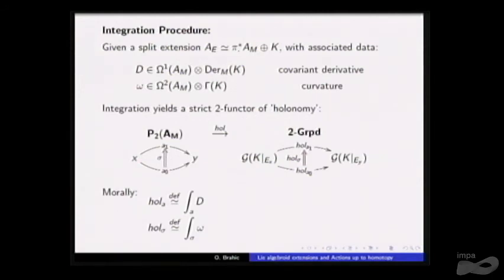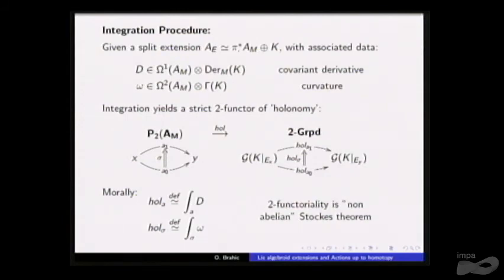And the holonomy along sigma is the integral over a two-form, along a surface. Sigma is a homotopy. So it makes a lot of sense to integrate a one-form along a path and a two-form along the homotopies.